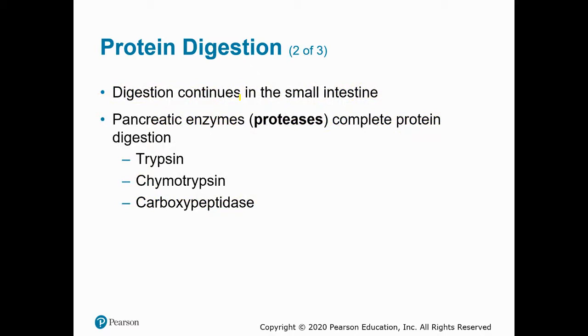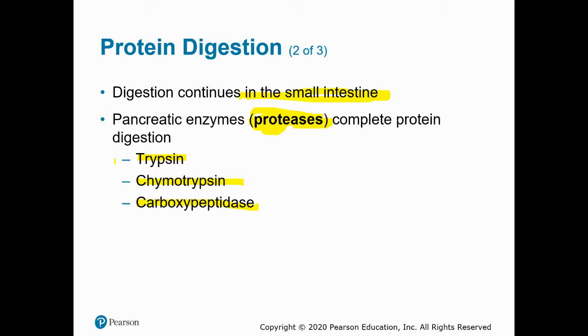Digestion continues in the small intestine, as is the case with everything. In the small intestine, we see pancreatic proteases. Again, that should be pretty straightforward. You have prote for protein, and ases for enzymes. And we did talk briefly about trypsin, chymotrypsin, and carboxypeptidase. I said you didn't need to know them in chapter 3 when we talked about digestion overview.